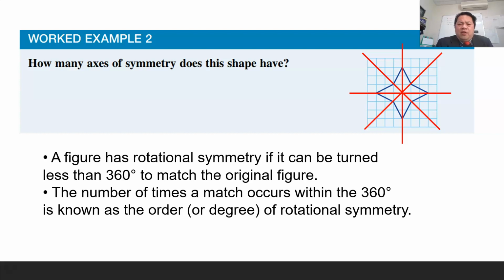Things to take note: a figure has rotational symmetry if you turn it by less than 360 degrees to match the same original figure. The number of times a match occurs within 360 degrees is known as the order of rotational symmetry. For the figure given here, this is order 4, because there are 4 shapes that you can get when you rotate 360 degrees.